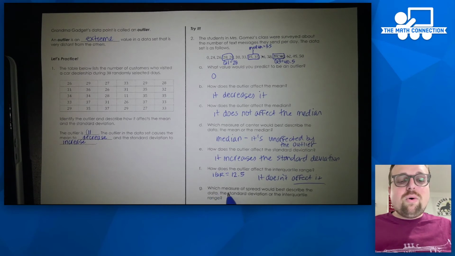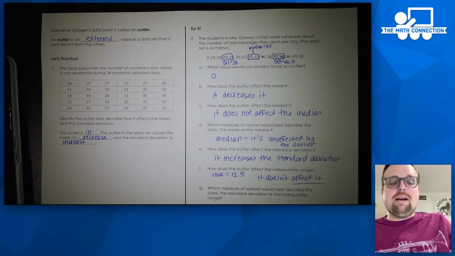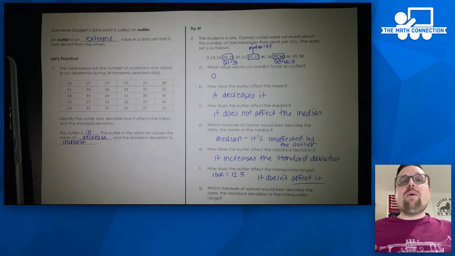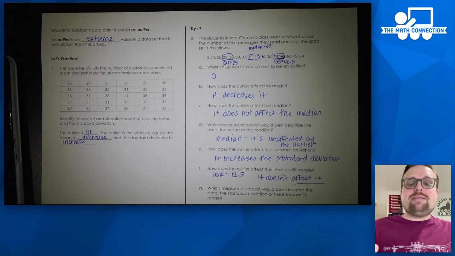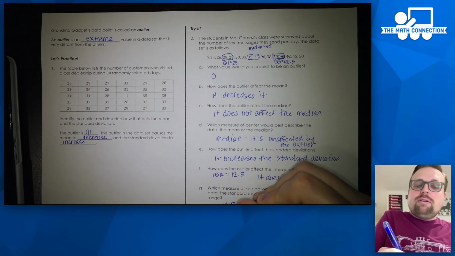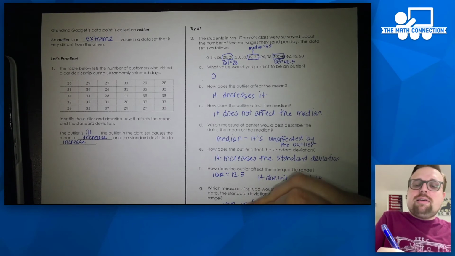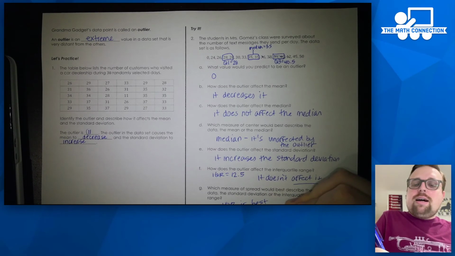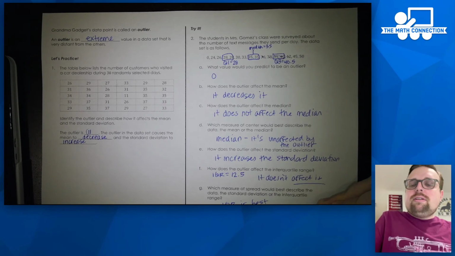Okay, last question. What measure of spread would be better to describe the data? Is it the standard deviation or the interquartile range? Well, we want to pick the IQR here because it's not being affected by the outlier. So the IQR is best because it's not affected by the outlier.